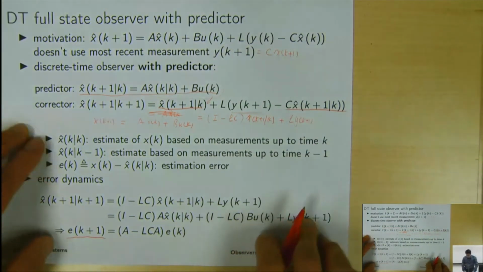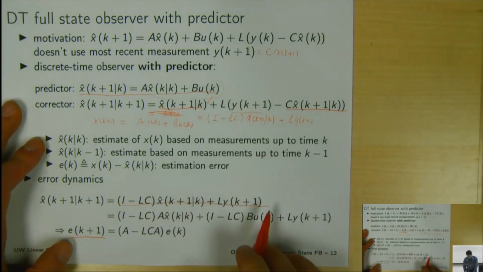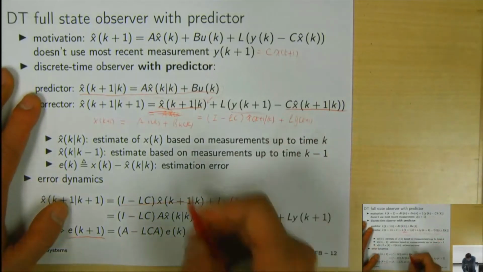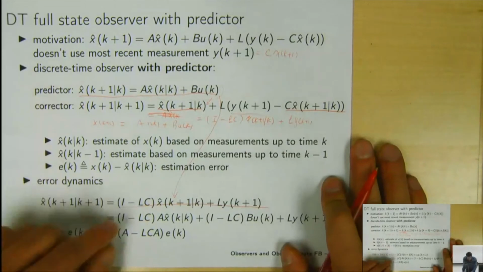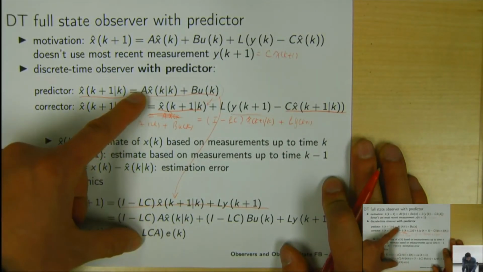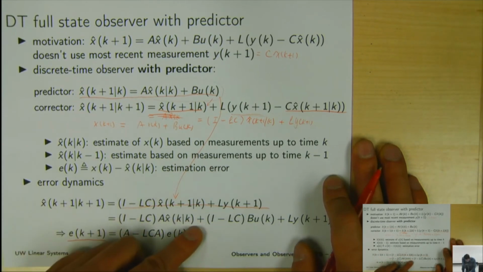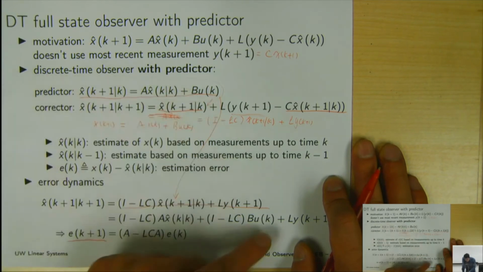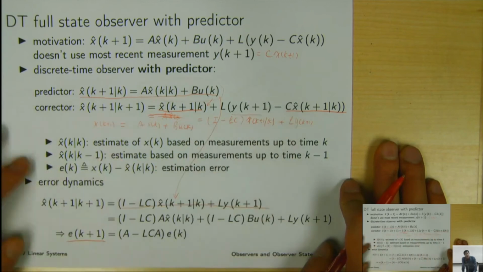Let's combine these first two terms first, and then substitute into the predictor term. So the prediction equation going into here is going to become I minus LC times A x hat k given k plus I minus LC times B times u k, and then plus L y k plus 1.